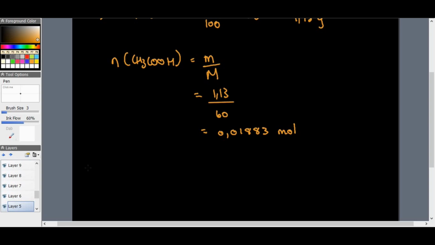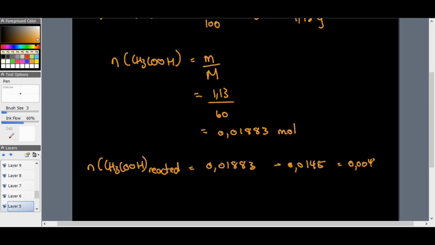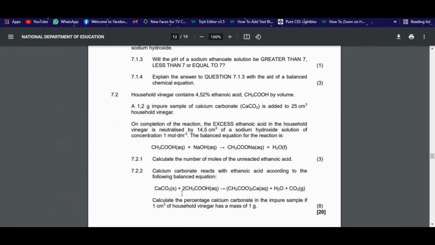Moles of CH3COOH that reacted is equal to our answer 0,01883 mole minus 0,0145, which is 0,0043 moles reacted.